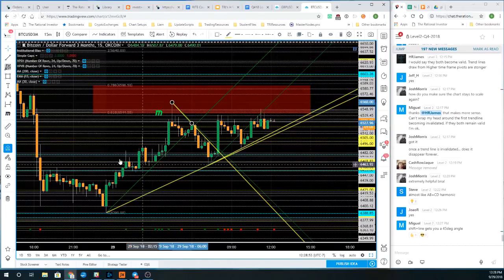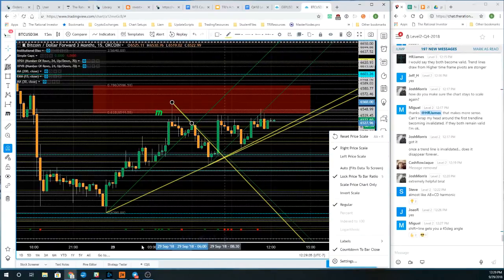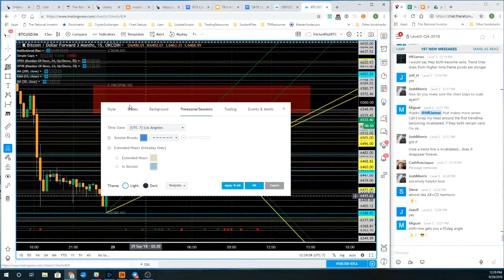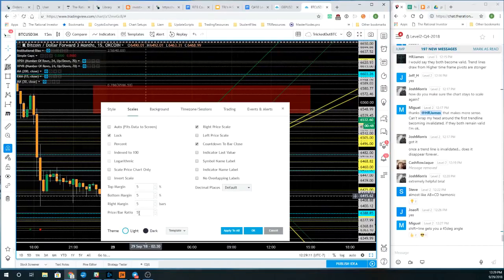Find an asset that has just basically a V bottom or V top. Practice scaling your charts. Remember, like I said, make it a nice round number, right? If you start scaling your charts with really odd numbers, then as you scale out, the numbers get weirder and weirder and weirder.